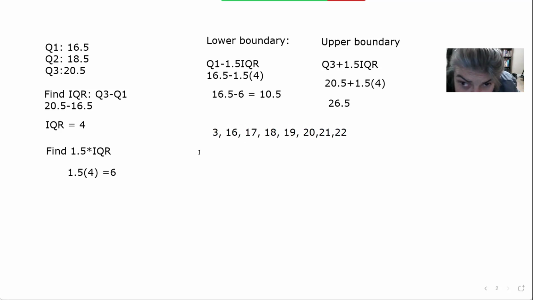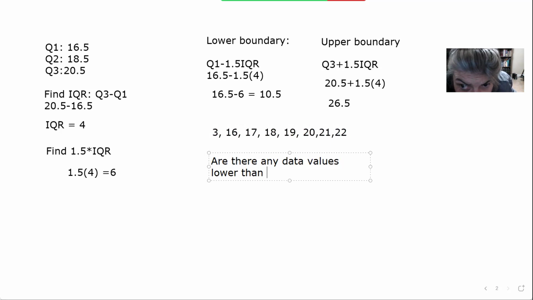Here's what I asked myself. I say, okay, I calculated my lower boundary and my upper boundary. Are there any data values lower than the lower boundary?